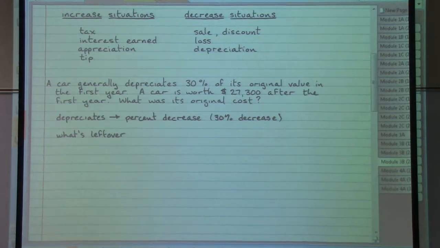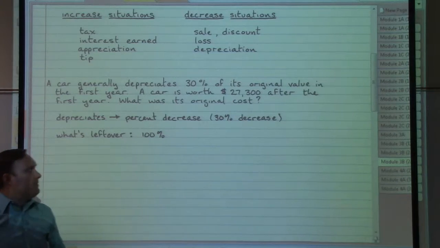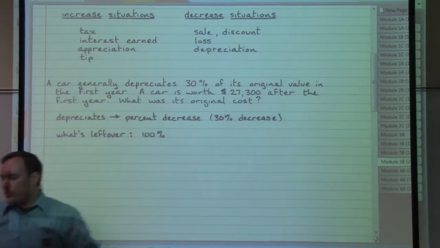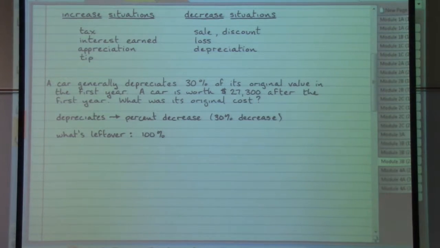What's left over? Well, we said a few minutes ago that we always begin with the idea of 100% as our starting place, and that because we're talking about a decrease, we would be subtracting specifically 30%. Then what we're looking at would be 70%.